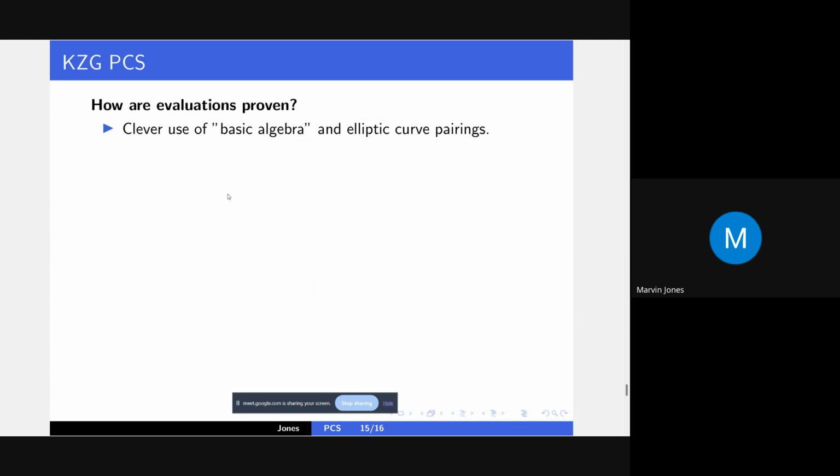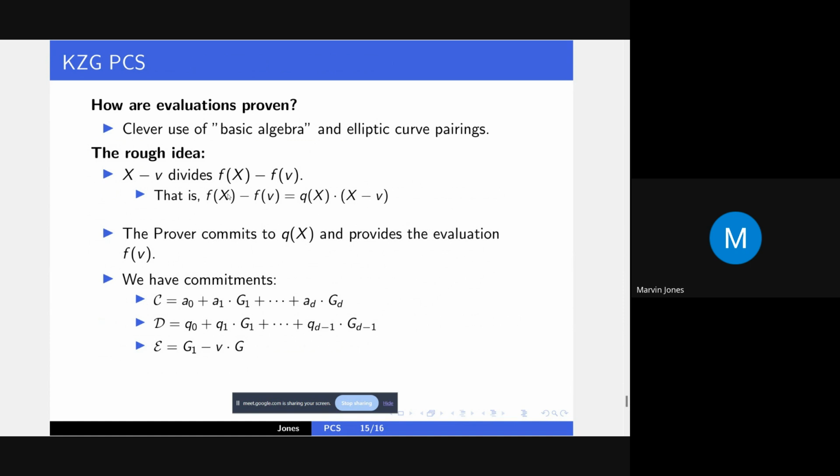But what the evaluation does is it uses very clever use of basic algebra. When I say basic algebra, I mean literally high school polynomial arithmetic stuff, polynomial division. And then it uses elliptic curve pairings. Okay, that part might not have been in high school. That's the moon math portion. But the rough idea is that for an evaluation point, I have x minus v.